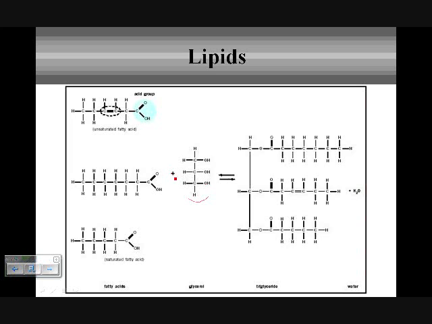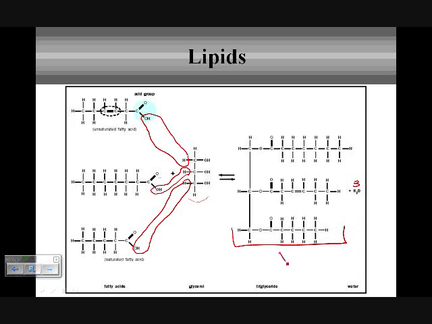What's actually going to happen is that our glycerol molecule is going to bond numerous times. It's going to bond here, there, and there. And what you'll find is that we actually end up getting 3 water molecules in order to get this lipid.